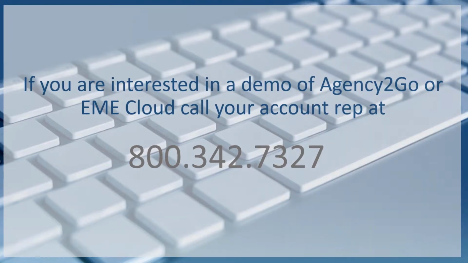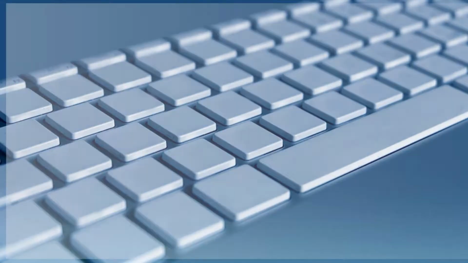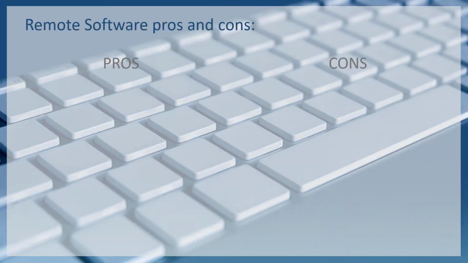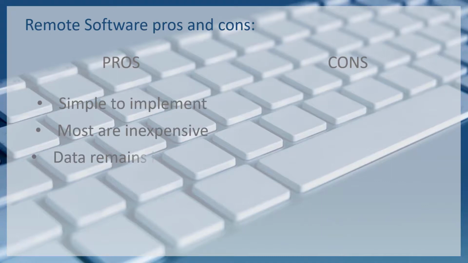The final option we cover here, and the most basic and economical option, is to utilize remote software solutions. There are many third-party vendors who specialize in providing remote access to a local host. You may have dealt with our tech support team in the past and experienced this software in play.